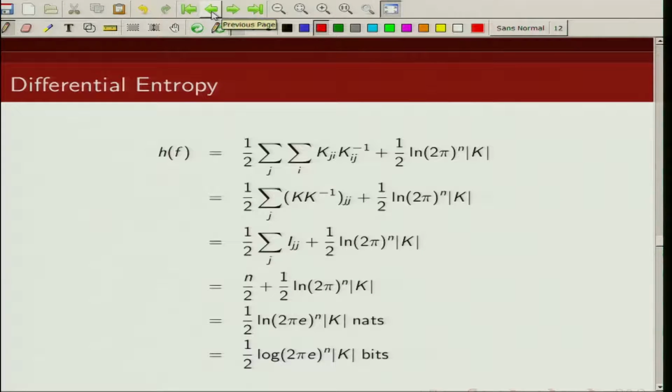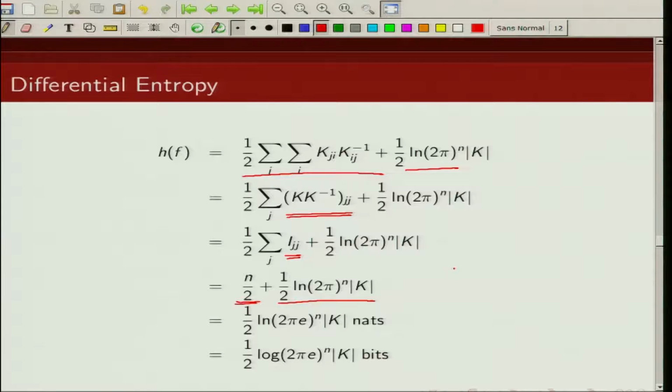Next I can write this as Kji and Kij inverse. So this will be non-zero only for those terms where i is equal to j, and that's basically this, and this is going to be identity. So summation over all j, this will give me n, and this way I am getting n by 2. And then this term is coming from earlier, so we get this.